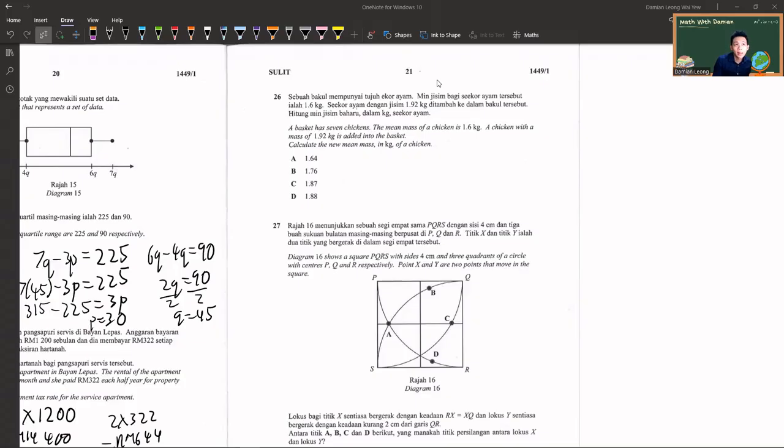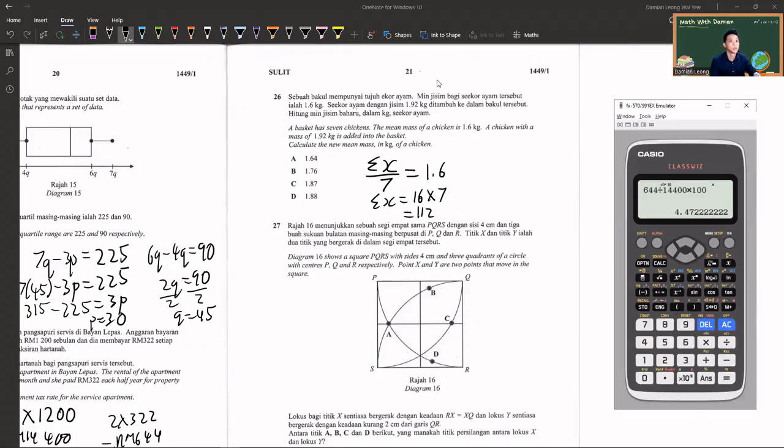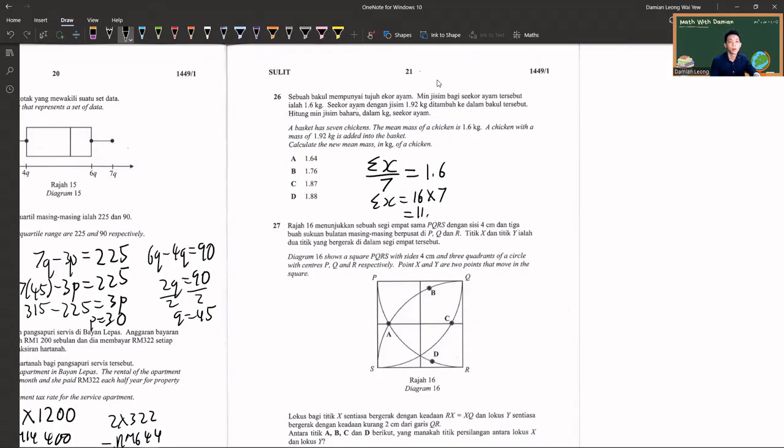Okay, we cannot change from the mean. So we have to find the sum of values. Okay, jumlah jisim bagi 7 ekor ayam itu. So sum of values over 7, because 7 chickens, equals the mean. Okay, 1.6. So sum of values is 1.6 times 7, 11.2.